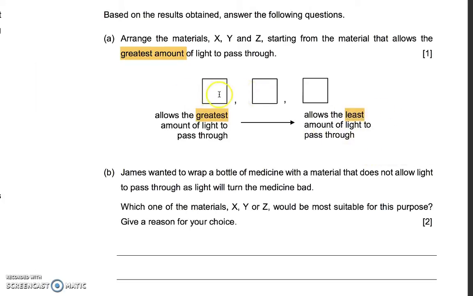So the greatest amount of light that can actually pass through is your Z, because no shadow is formed, followed by your Y, and last of all, X.